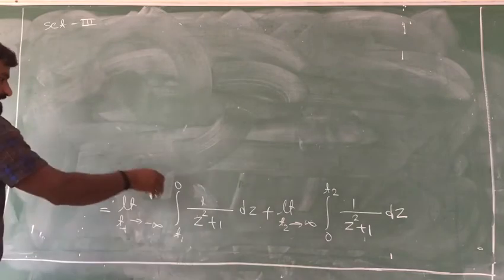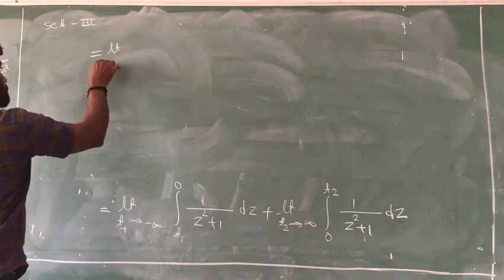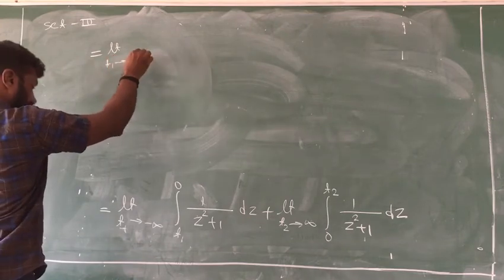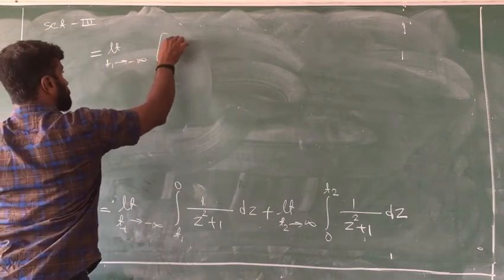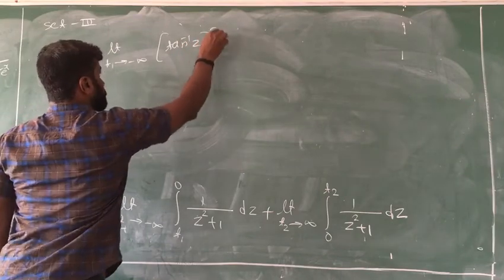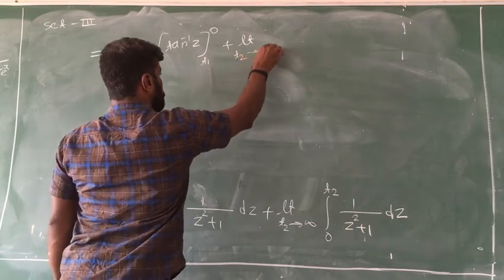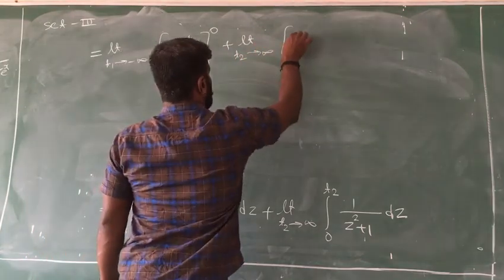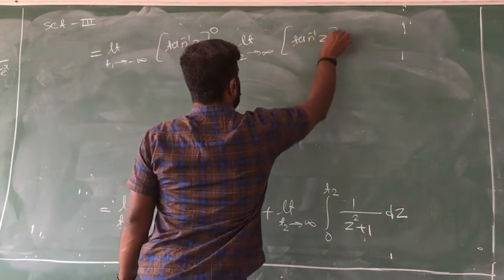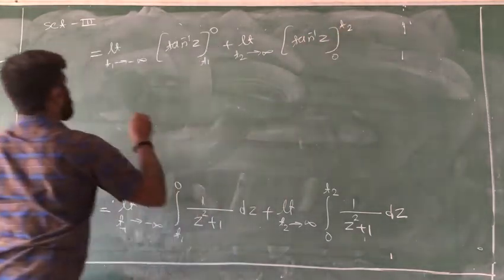Here the value of a is 1, so limit t1 to minus infinity, tan inverse of z from t1 to 0, plus limit t2 tends to plus infinity, tan inverse of z from 0 to t2, right?